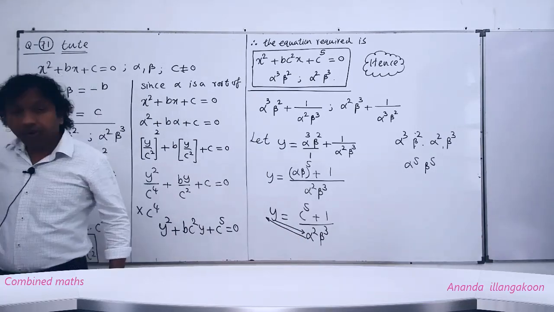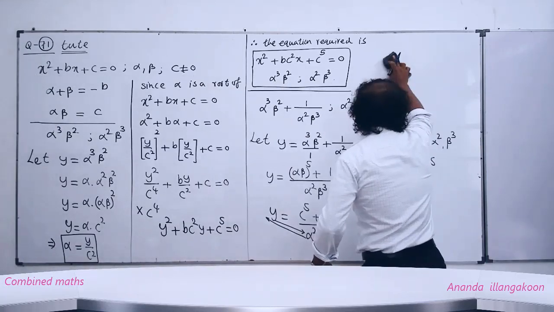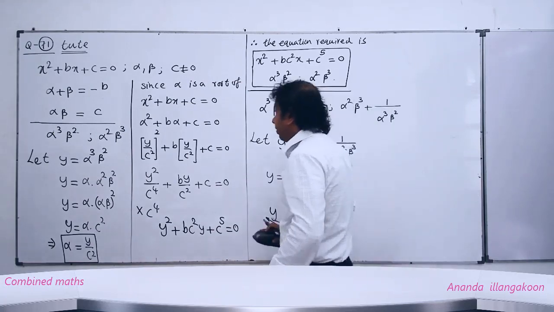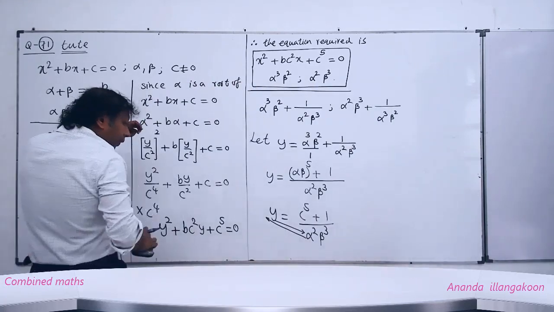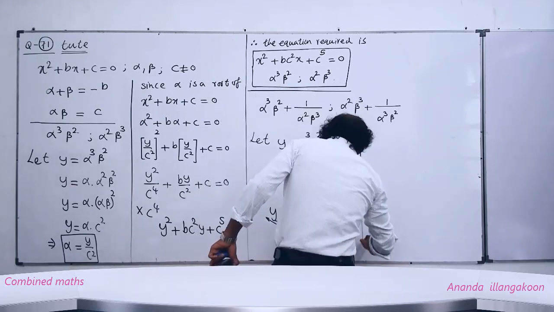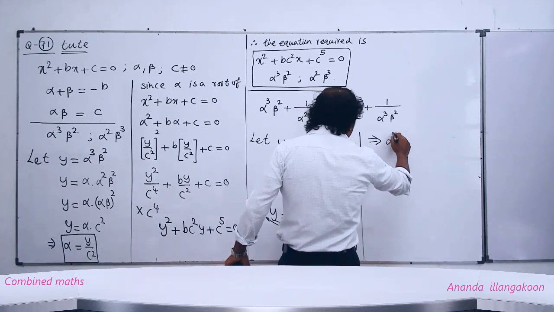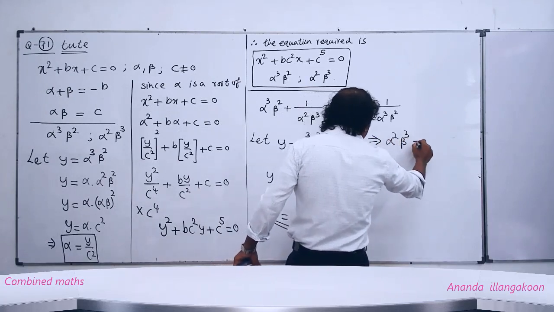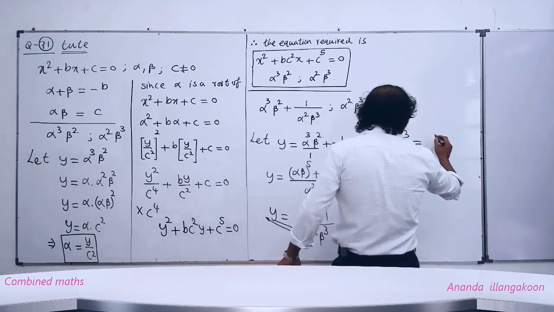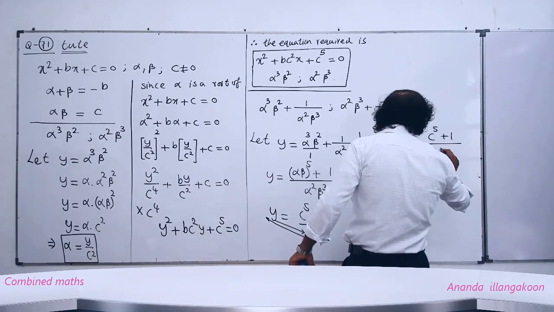Then that implies alpha squared beta cube is equal to c to power 5 plus 1 divided by y, like this.